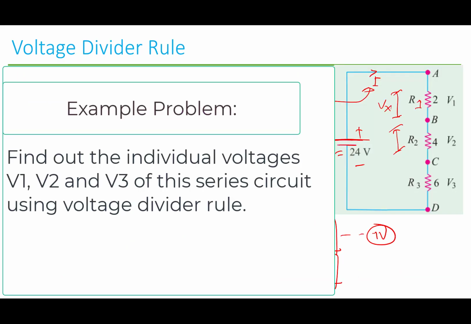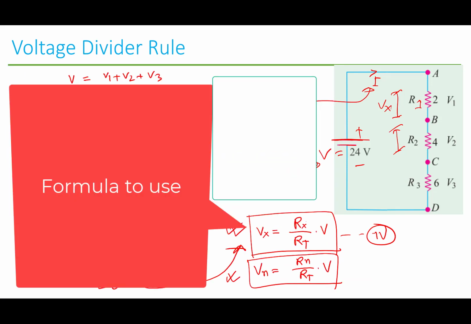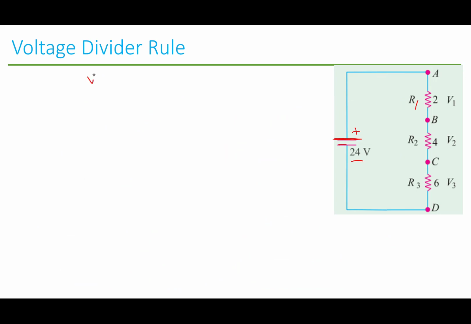Now we will try to solve this problem, where all the resistances are known, 2, 4 and 6 ohms, and the voltage across the series resistors is 24 volts. Voltage divider rule: Vn equals Rn over Rt times V, right? So what is Rt here?